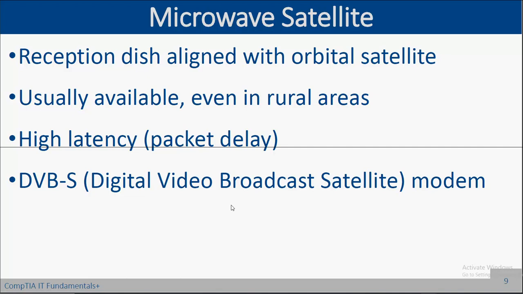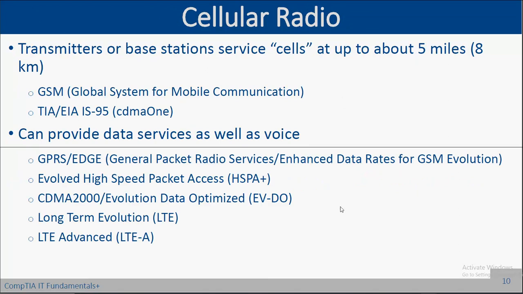They have high latency, a packet delay. And again, you need what is called a DVB-S, a digital video broadcast satellite modem, in order to connect with that. Not many people use that, but again, it's available.